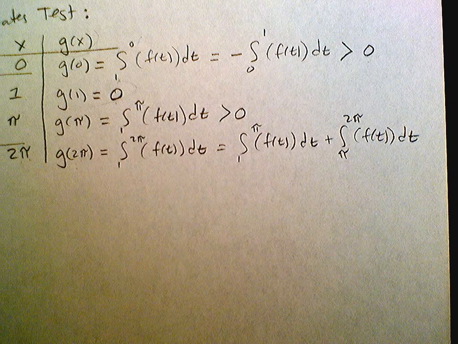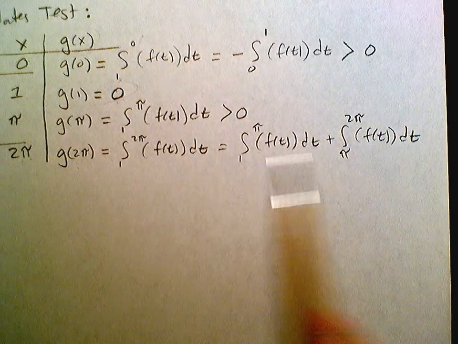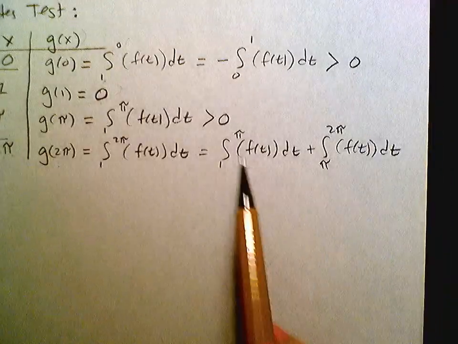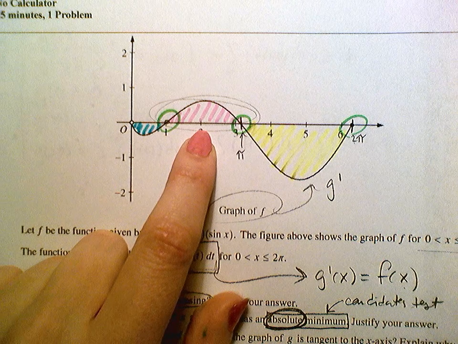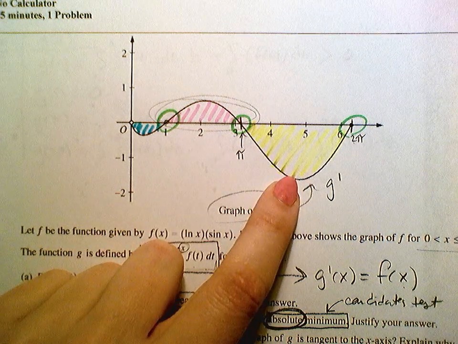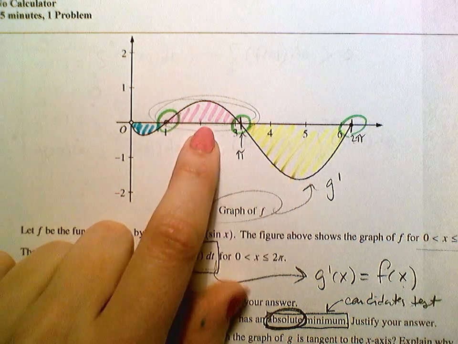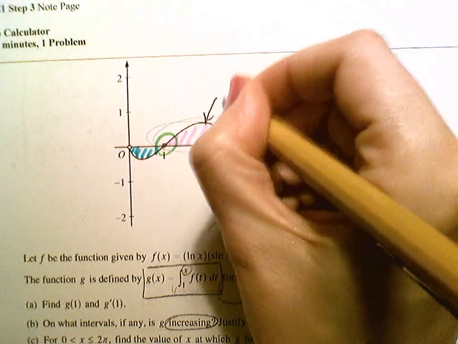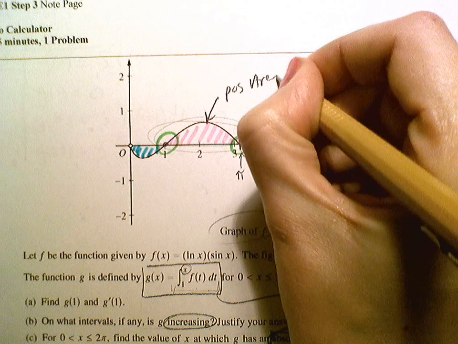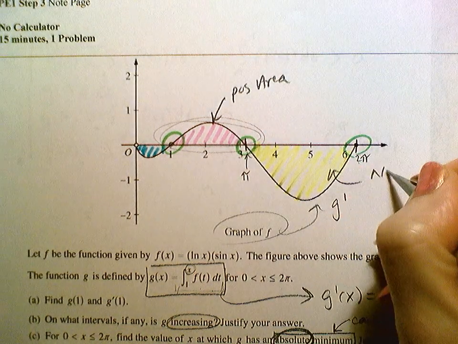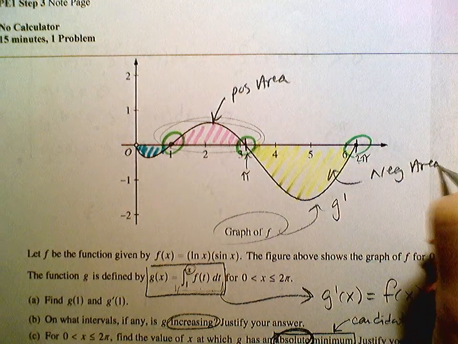Okay, now what can we say? What judgment can we make about this sum here? It's the pink area plus the yellow area. The pink area is positive. So this is positive area, and then this is negative area.